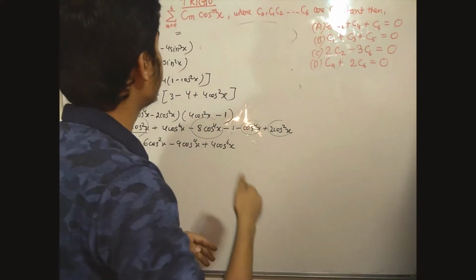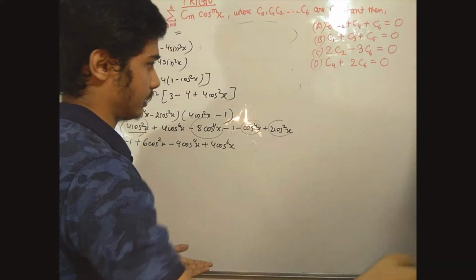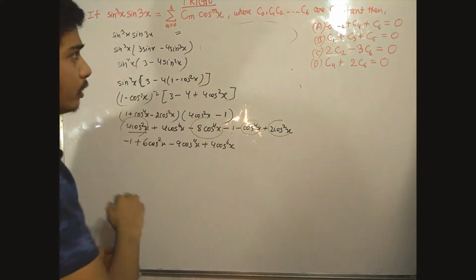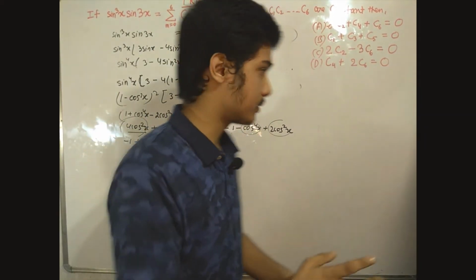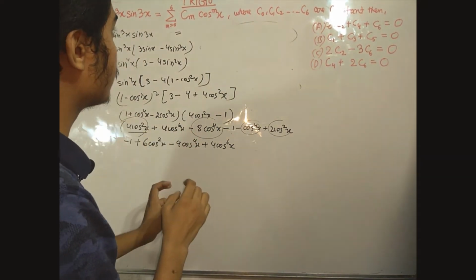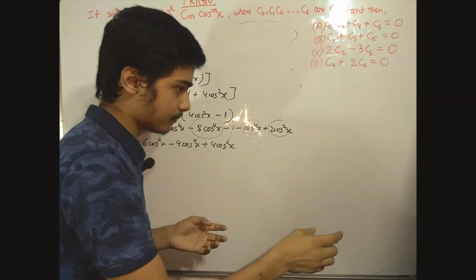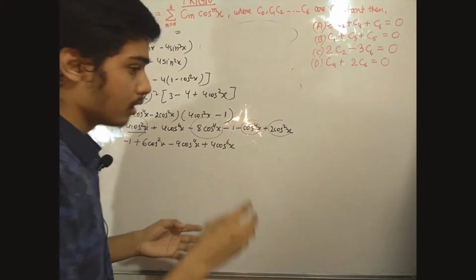It is the sum of 0, 1, 2, 3, 4, 5 and 6. Notice, focus. We will put the natural numbers from 0 to 6 in the value of m.